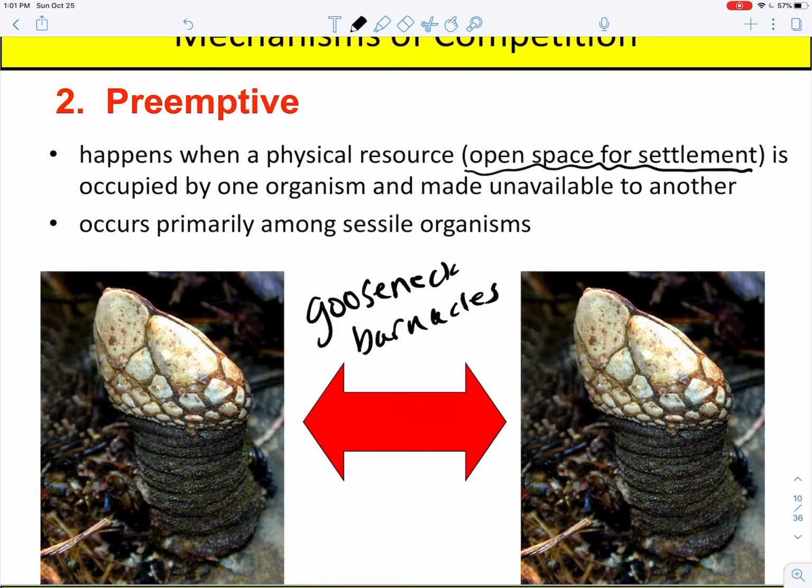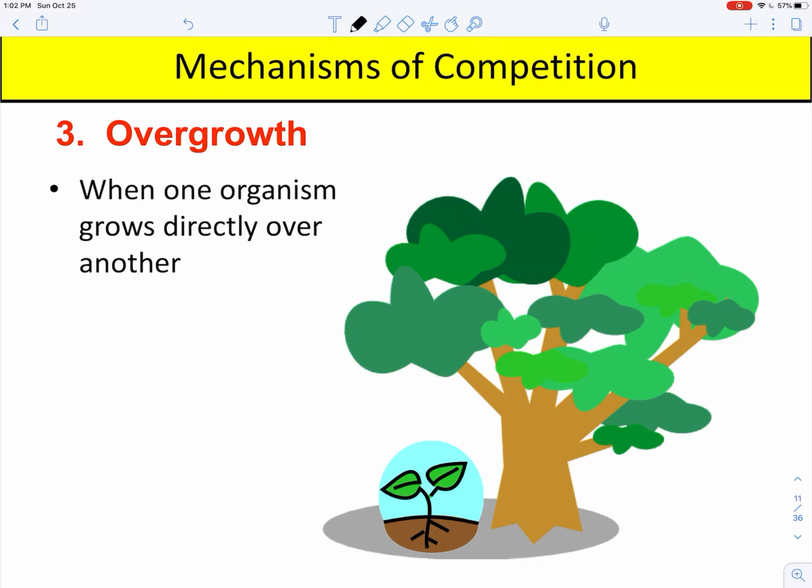The next mechanism is called overgrowth competition. And this is when one organism grows directly over another. And the example that I'm giving you here is with these two plants, where we have this tree growing over herbaceous understory plants, reducing the light available to this herbaceous understory.